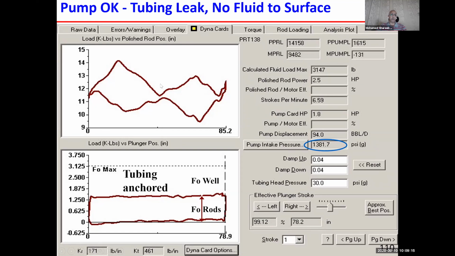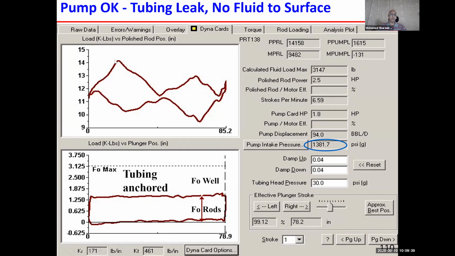For the peak polished rod load here, for this surface card, remember in the design materials, there are two peak loads in the pumping unit, one in the upstroke, one in the downstroke. The peak polished rod load is the weight of the fluid, the weight of the rod, the friction, fluid loss, and so on.